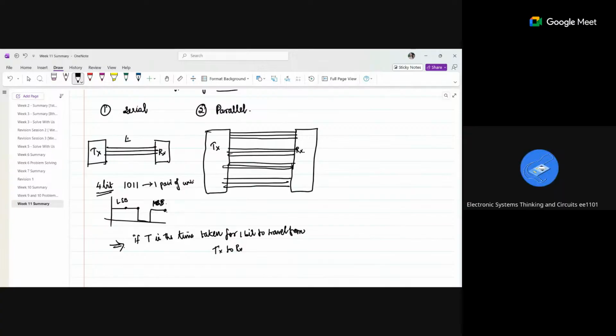If it is 4-bit, then it will be 4T, right? Whereas in parallel communication, what is the time taken to transmit all 4-bit data? 1 T. It is just T, right? Because all 4 will be transmitted simultaneously at time T. Does anyone have any doubt in this?